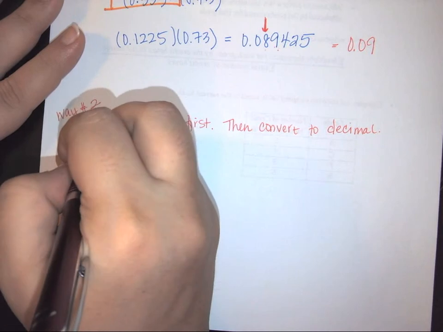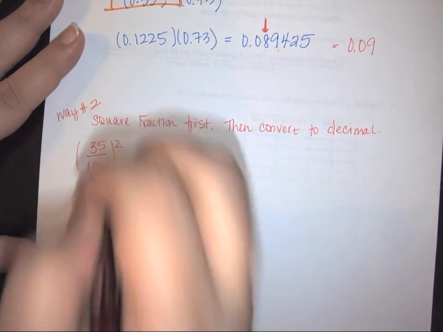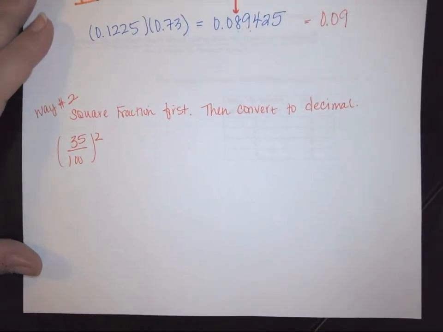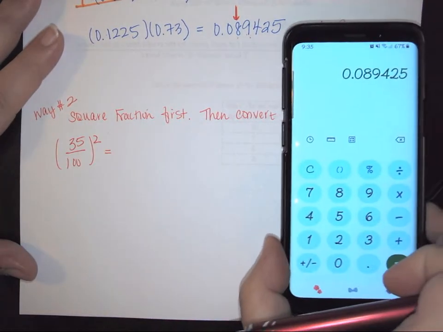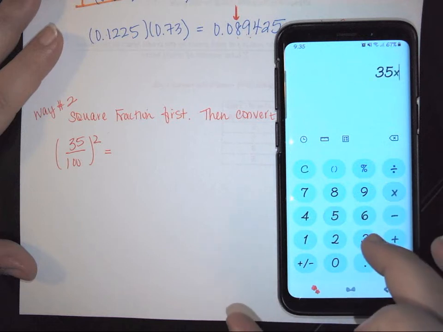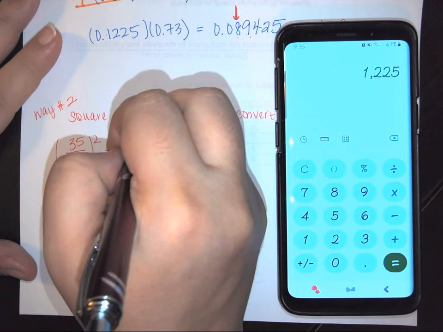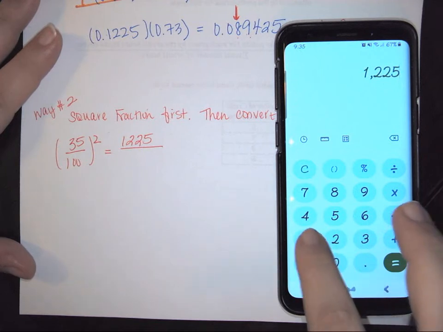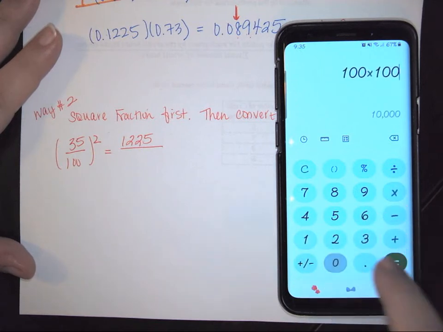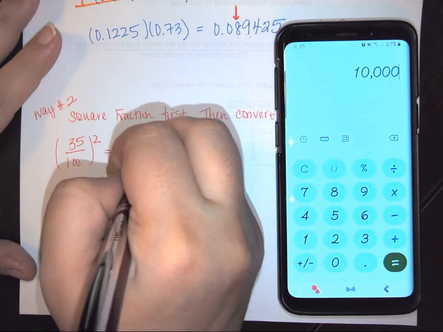So in other words, I have 35 over 100, and I'm going to square that. So to square it says you're going to square the top and square the bottom. So again, we would take 35 times itself, which is going to give you 1225, and then 100 times itself. So 100 times 100 is going to give you 10,000.